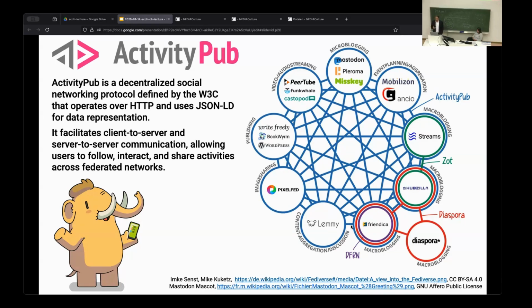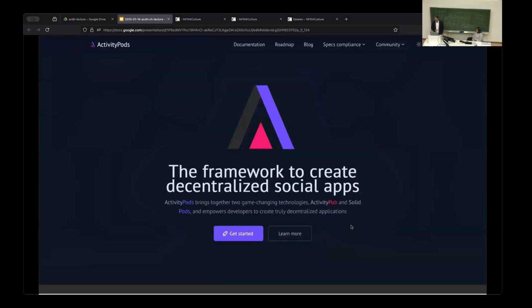ActivityPub means that once I have an inbox, I can get messages from a decentralized network, and I can put my stuff in an outbox and then inform the decentralized network that I've said something. And the interesting thing for me, and that's just a finding for today, is that there is a very new project on the web that will bring together Solid and the decentralized ActivityPub protocol, and they call it ActivityPods. And why is this very cool, in my personal opinion?